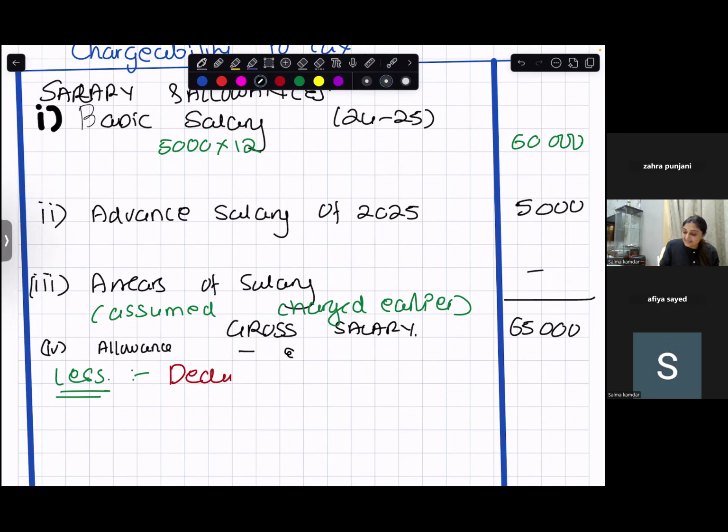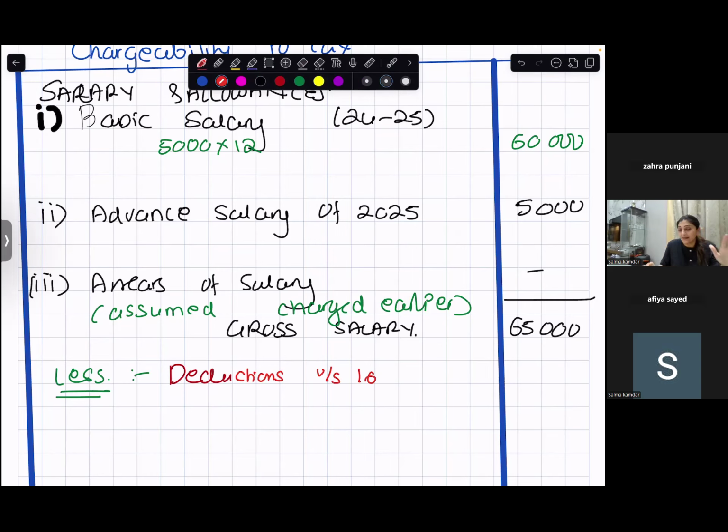Then deductions under section 16. Allowances minus exemptions. Here nothing is given, so I am ignoring it. Now I'm teaching you one part which is called the deductions. I did not teach you over there. So deductions under section 16.